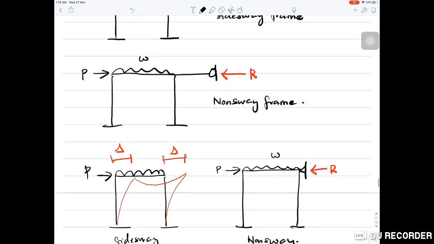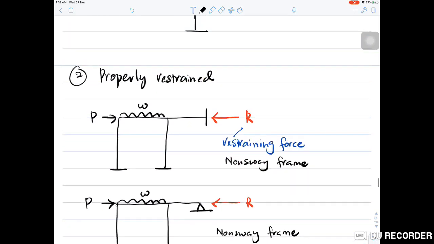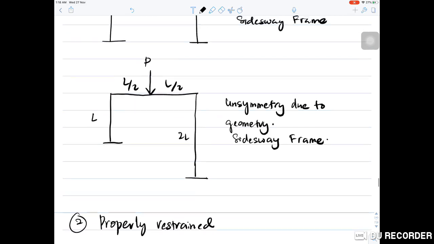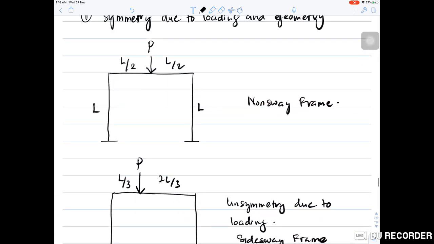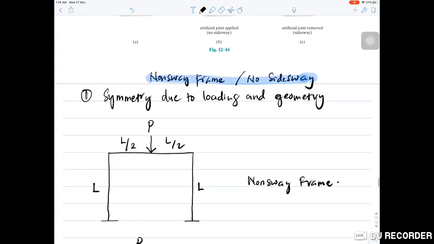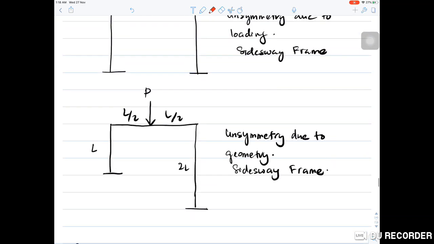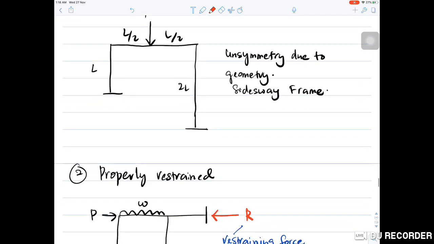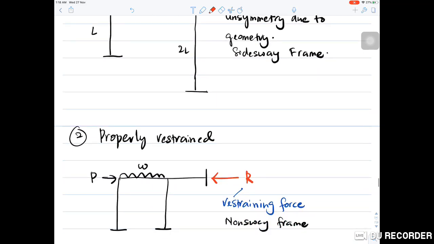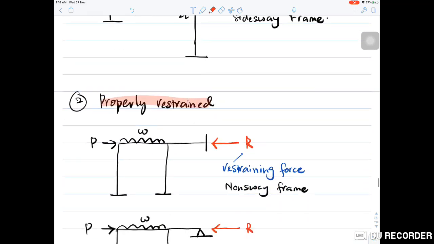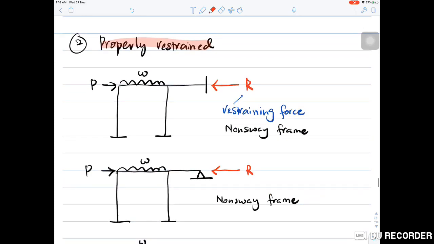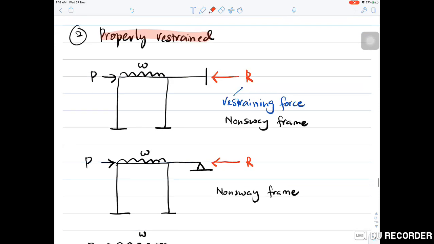Okay, so please remember there are two conditions for a non-sway frame. Number one is symmetry. It must be symmetric due to loading and geometry. Number two, if it is an unsymmetrical frame but it is properly restrained, it is also considered a non-sway frame.